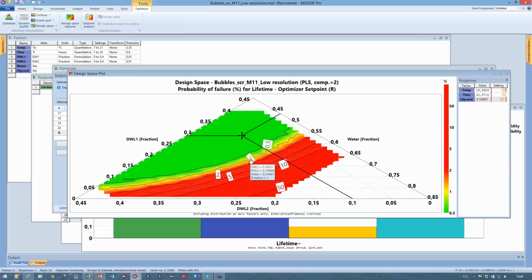They would be lower than 60 seconds. And the coordinate which was found to be the robust set point is now indicated by the crosshairs symbol. So there is definitely a rather large green region which we could call a design space, where there is a very small risk or low risk of violating the specification of a lifetime of 60 seconds.